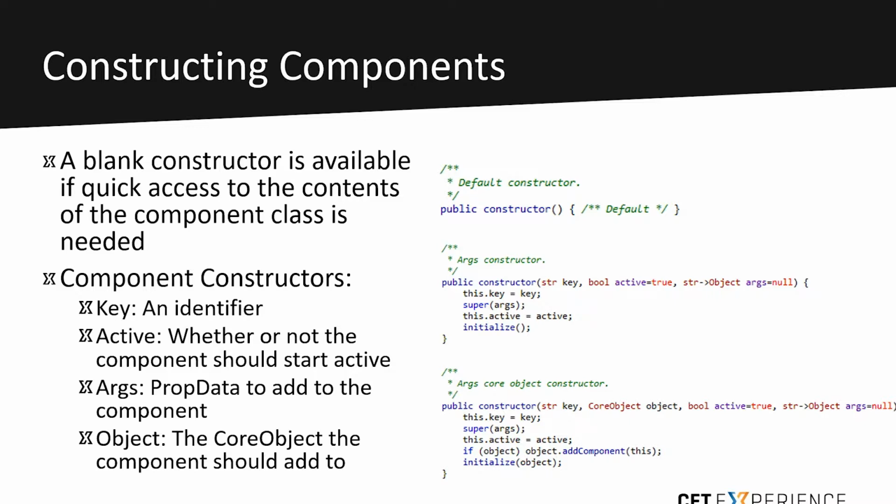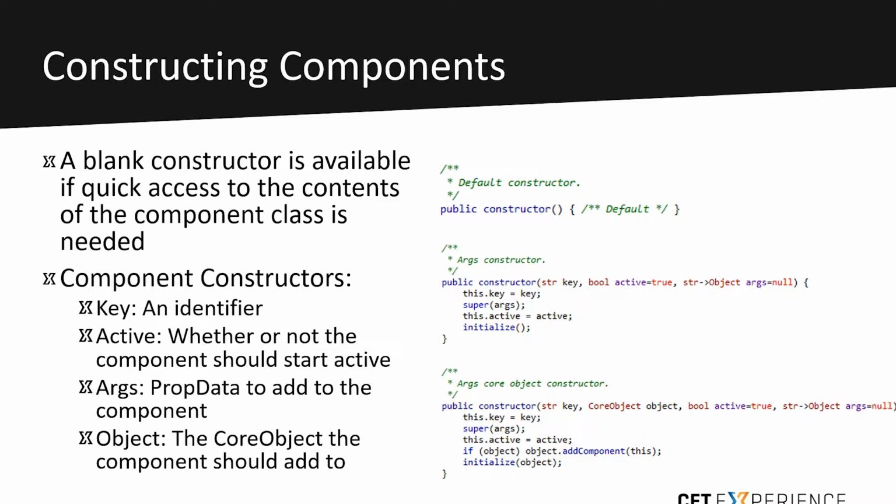The next constructor takes in a key, active, and args. Key is an identifier that's pretty common with most things. If you just want to be able to identify your component after the fact, you can pass in a key, and then you have access to whatever that key is later on. Active is whether or not the component should start active.